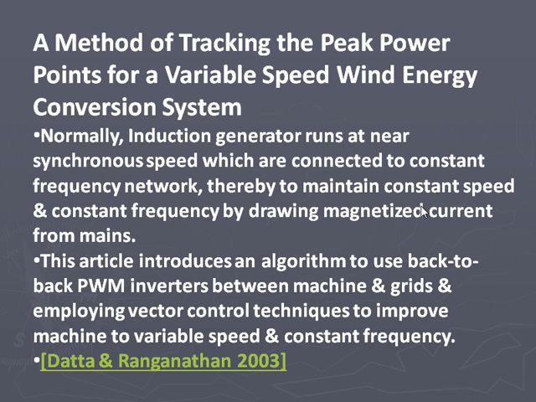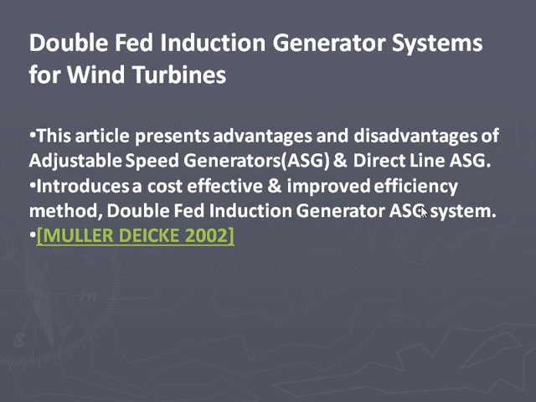And the third paper is double feed induction generator systems for wind turbines. Here in this paper, it explains adjustable speed generators and direct line adjustable speed generators.